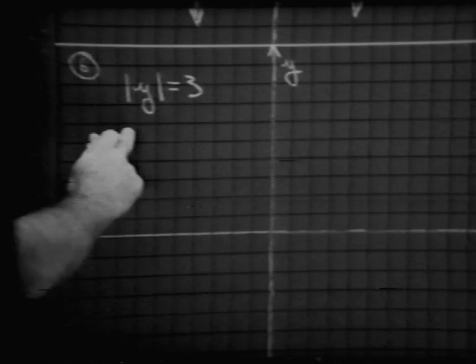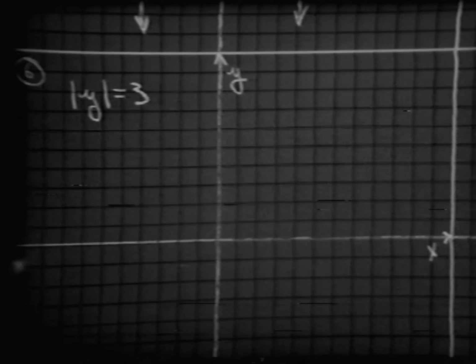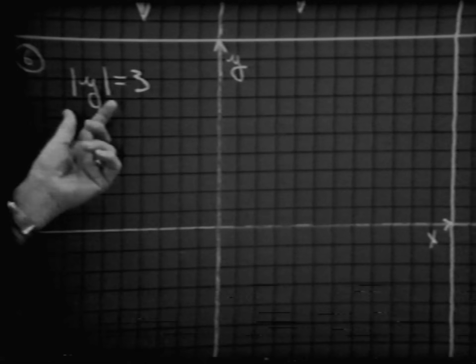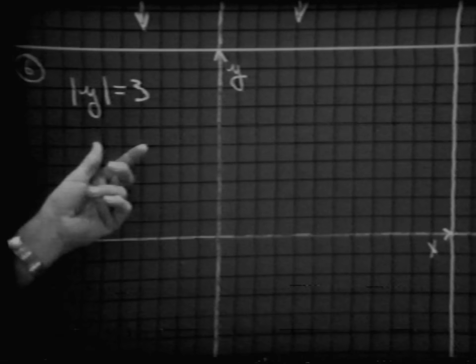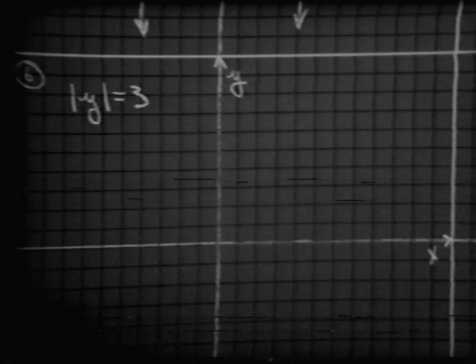Well, let's look at a last example here. We have the absolute value of y is equal to 3. And of course, again, the idea is to make the distinction between something that has the absolute value of x in it, and in this case, something that has the absolute value of y in it. And what then may we say about this graph, Peter?